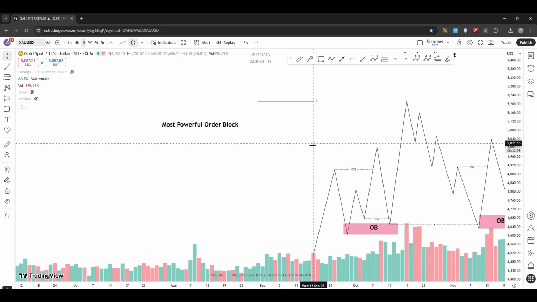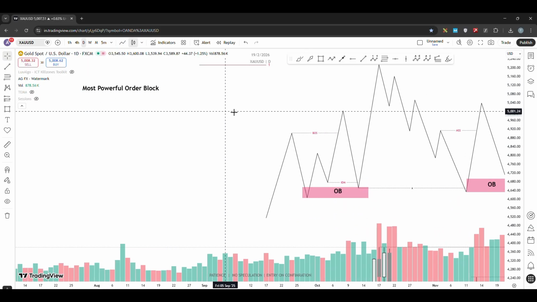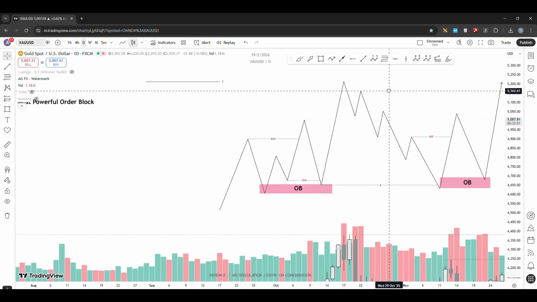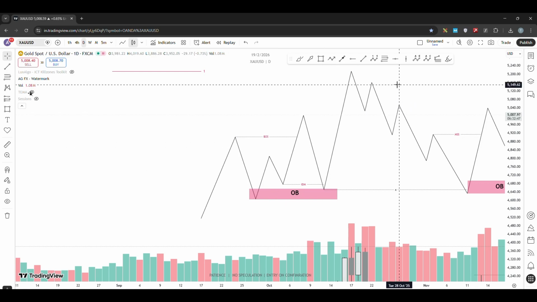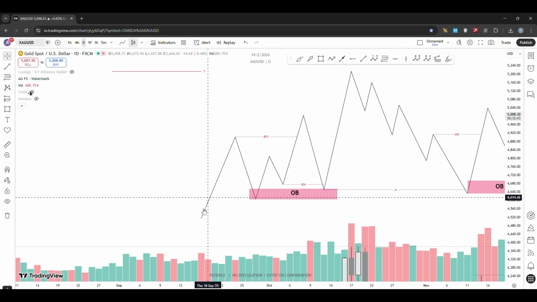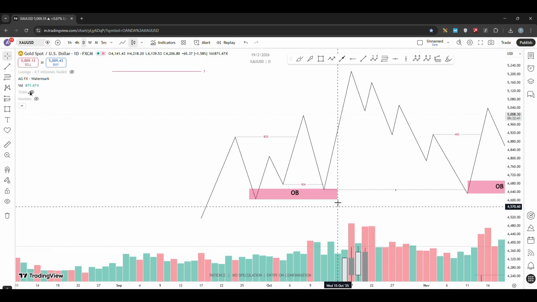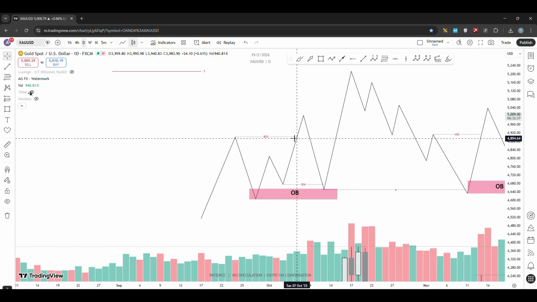Okay, now let's talk about what is the most powerful type of order block. So you have learned about inducement, right? So see here, there is an example of a chart, not a chart, but an outline of a chart where we have got market pushing higher. So this is a bullish structure and market gives a break of structure over here, right?